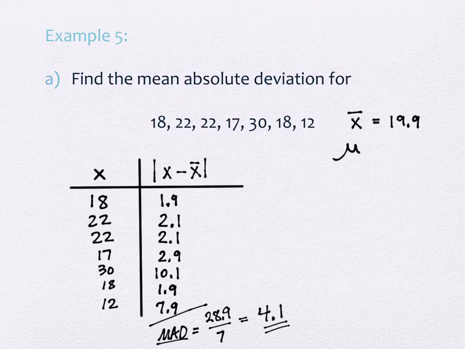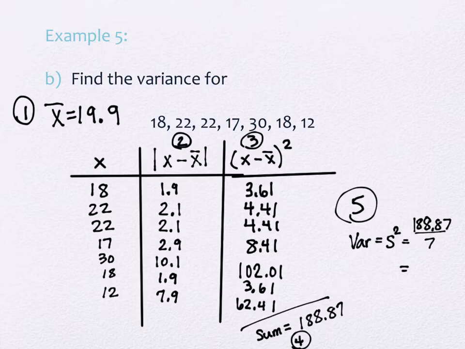Like if we were to say, for instance, the entire population of OBU students and we found their average height, right? That would be mu. But if we did a sample, like this classroom, it would be X bar, right? The X with the bar on the top. And the same thing happens when we're looking at standard deviation and variance. So S is standard deviation for a sample, and sigma is standard deviation for a population.